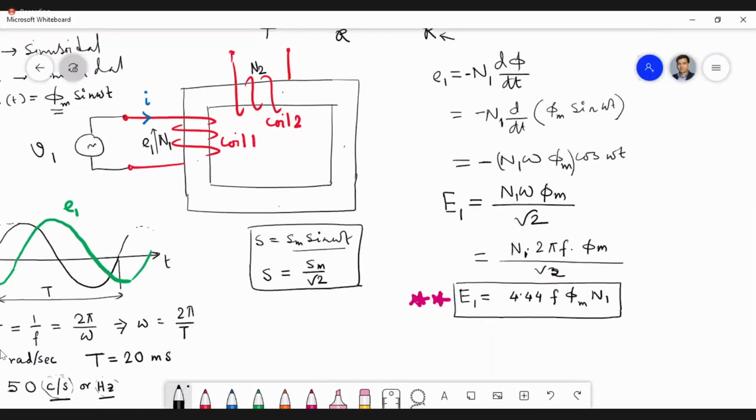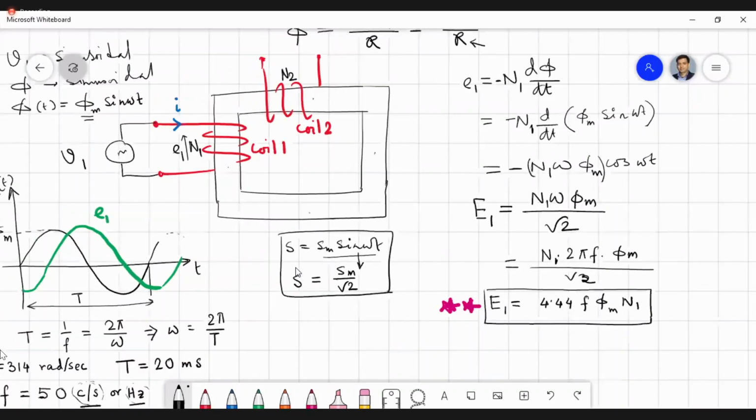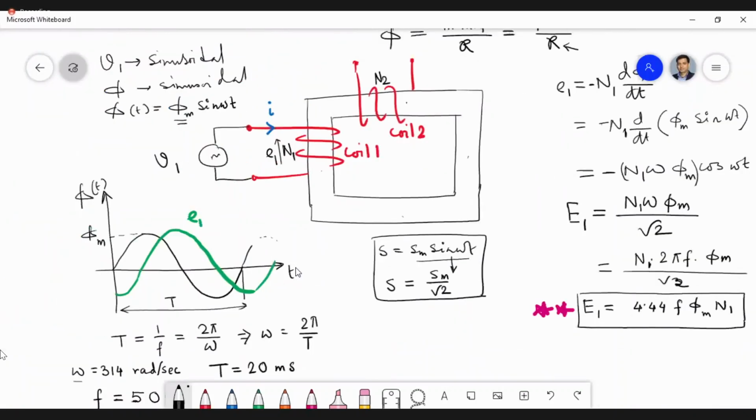Is it clear? Now how are we getting this? That will be discussed in another part of the subject, where you will study the basic concept of alternating quantities. I can tell you for now that if you have an alternating voltage source or alternating current or any alternating quantity, alternating means sinusoidal only.